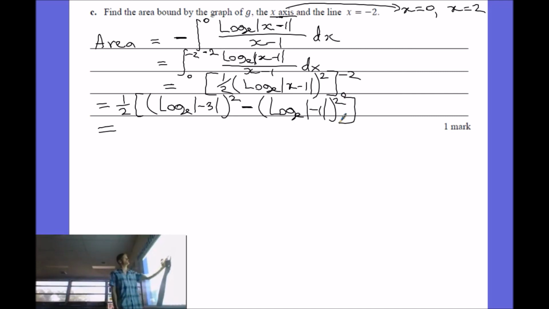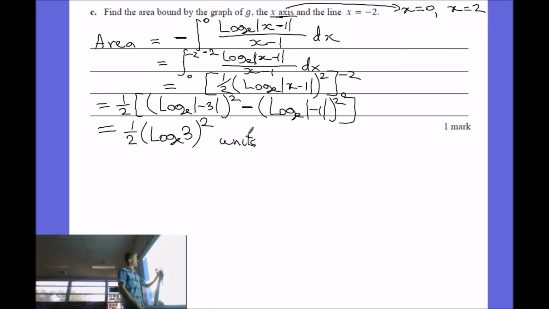Okay, now we know this last part, log of 1 will be 0, and log of modulus minus 3 goes to positive 3. So we've got this half bracket log e of 3 all squared. And there we have it as our units squared of area. Fantastic.